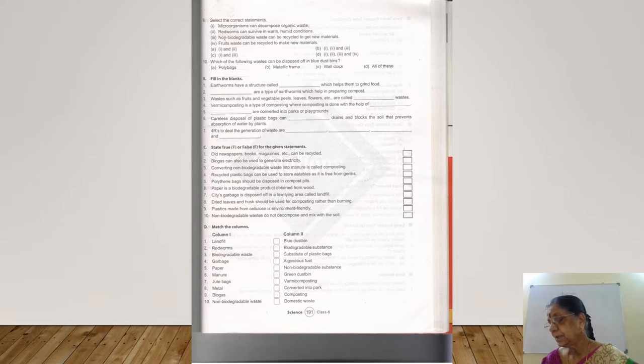Redworm, vermicompost, biodegradable waste, green dustbin, garbage, domestic waste, paper, biodegradable, manure, composting, jute bag, substitute for plastic bag, metal, non-biodegradable, biogas, gaseous fuel, and non-biodegradable waste, blue dustbin.